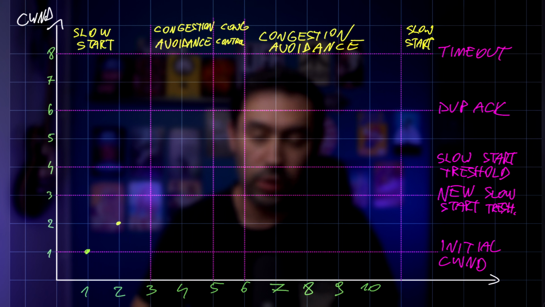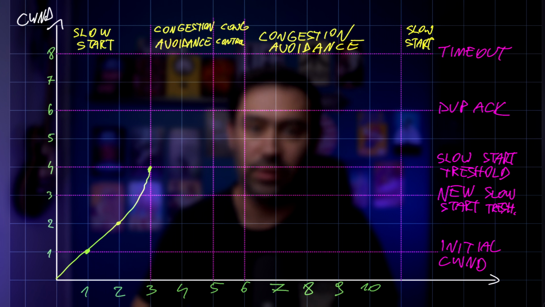First, we have a slow start. During this phase, congestion window, that is the amount of data that we can put on the wire, grows exponentially. Basically, the variable doubles every time acknowledgement is received. This allows TCP to probe the network to find the available bandwidth.